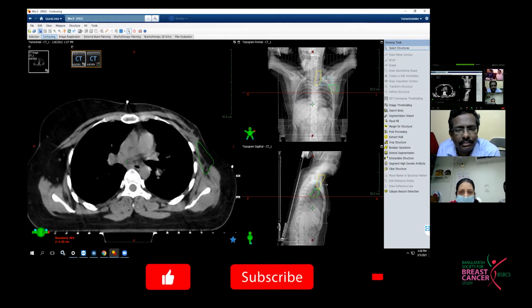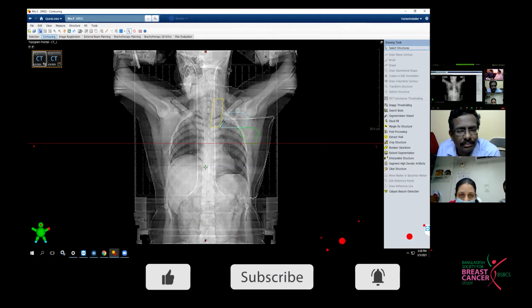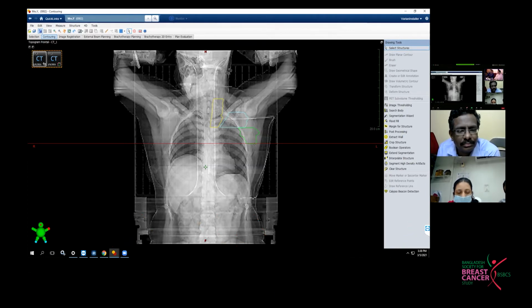So this is the topographic view of the supraclavicular, level 2, 3, and level 1 lymph nodes. I think he's done a good job. Looking correct.